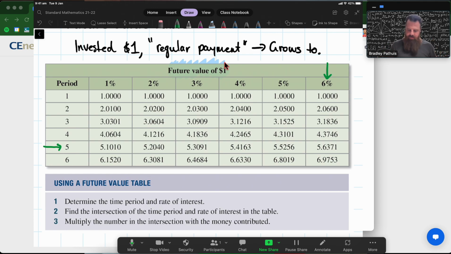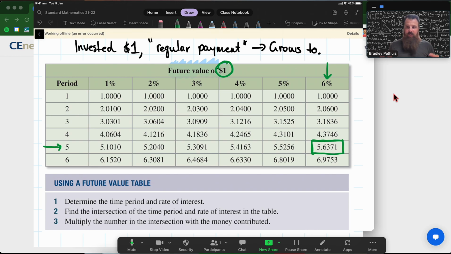Whatever the period is, this value here, where those two rows meet, is what my $1 will grow to. $1 for 5 periods at 6% grows to $5.6371.